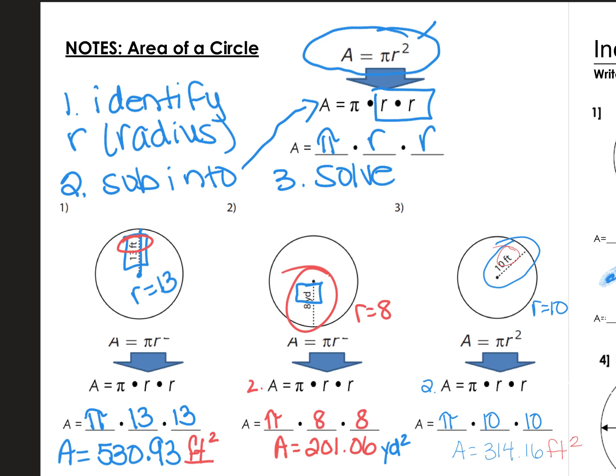So let's find the area of a circle in this example. Remember, the first thing we're always going to do is identify the radius. Here they gave us the diameter, which is 12. We are going to divide that by 2, which puts us at 6. 6 is our radius. That's our r. This is what we are going to use when we plug into the formula.